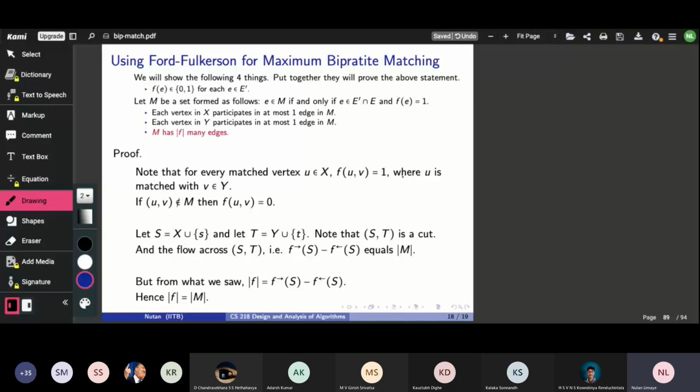A little bit about the problem. This is a very interesting and important problem. Maximum bipartite matching itself has lots and lots of applications. Though I haven't mentioned them in my slides, in the text, I can point you to textbooks where there are applications of the maximum bipartite matching problem as well.